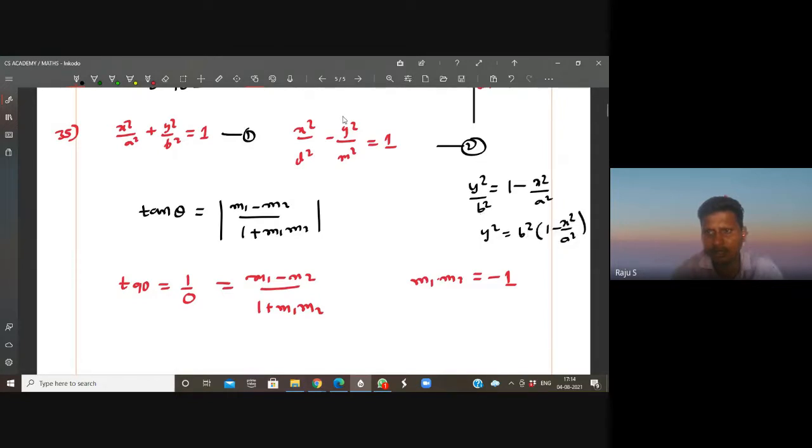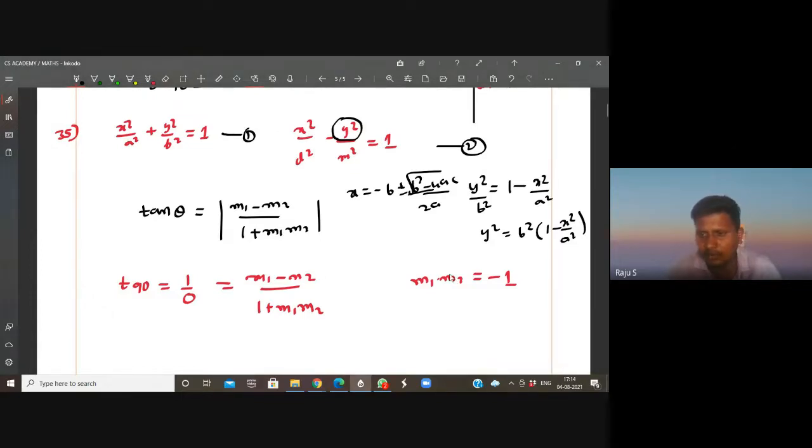This y square value we have to substitute here. We'll get a quadratic equation in terms of x. Then you have to find those x values using minus b plus or minus square root of b square minus 4ac, whole divided by 2a. Those x values you can substitute in any one of the equations to get the y value.